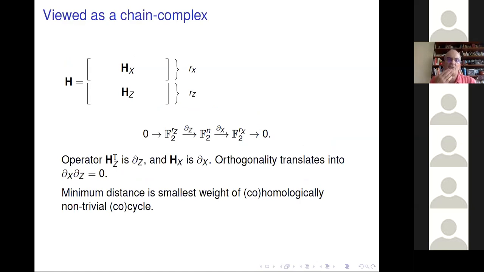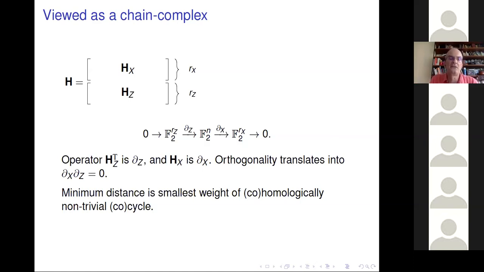We can view exactly the same object as a chain complex. So in the general sense, this is just a change of vocabulary, nothing else. It means that we're viewing our matrices HX and HZ as linear operators. And these operators, we call them boundary or co-boundary operators.